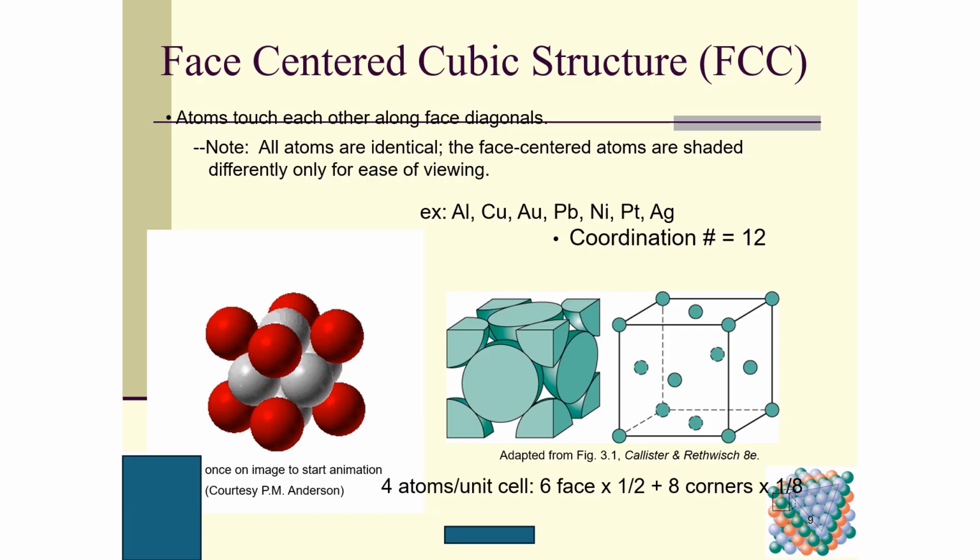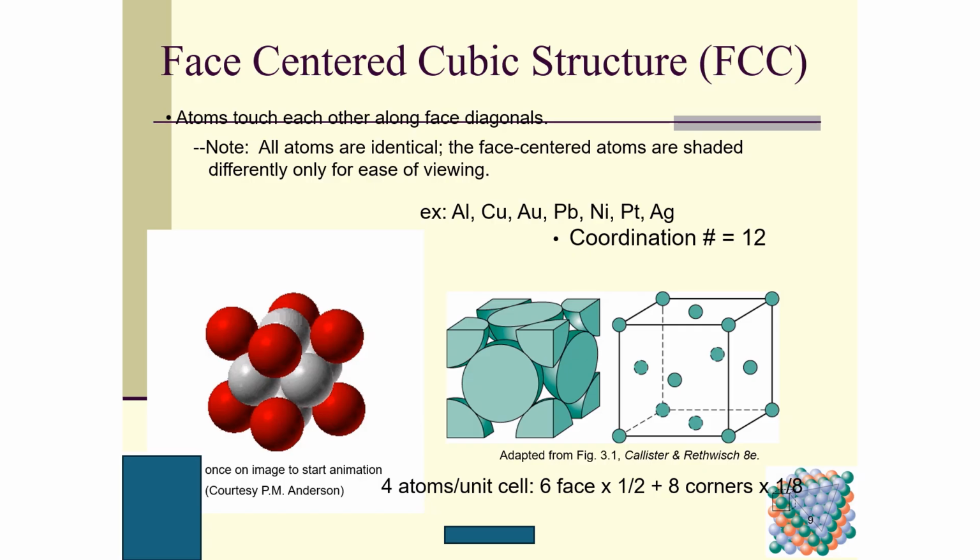Here you can see 1, 2, 3, 4, 5, 6, 7, 8 corners; 8 is behind. These are 1/8 balls. In addition to these 1/8 balls, we have 6 half balls.